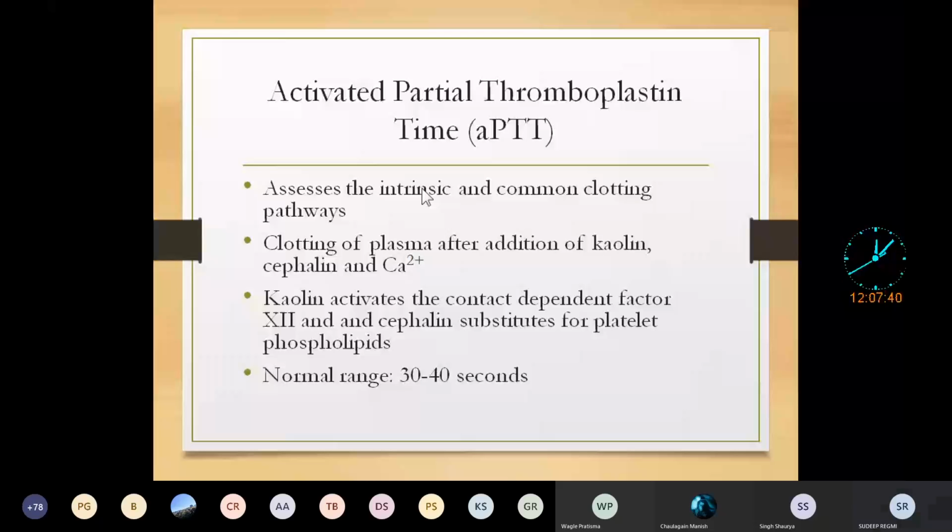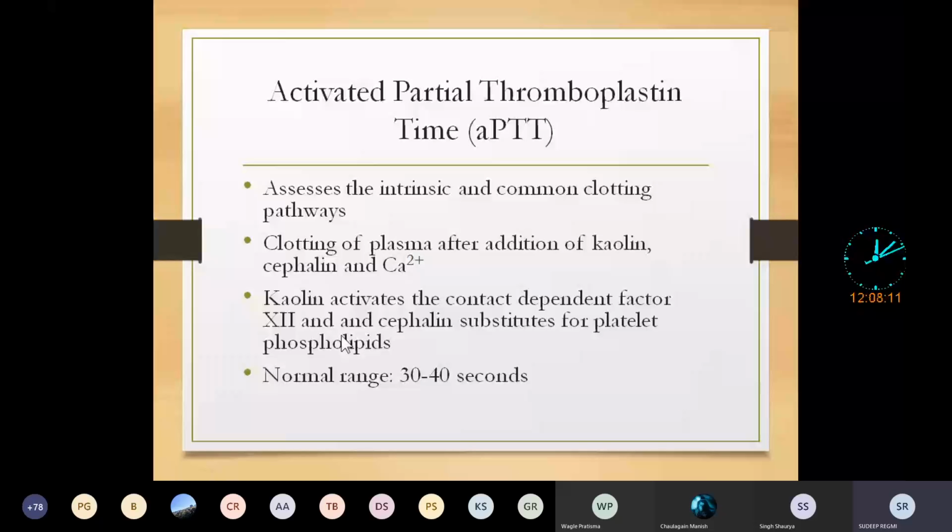So for this, we see the clotting of the plasma after addition of the kaolin, cephalin, and calcium. So this kaolin, it activates the contact dependent factor, which is factor 12, and cephalin, it is a substitute for platelet phospholipid. Like I had told you that platelet phospholipids are required.